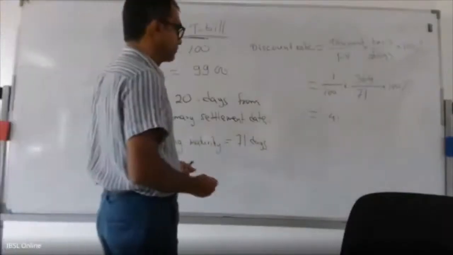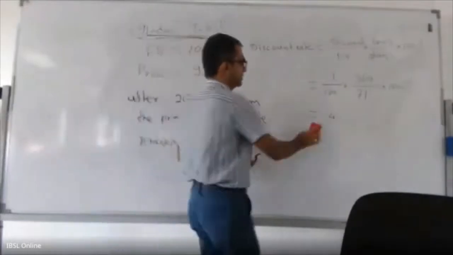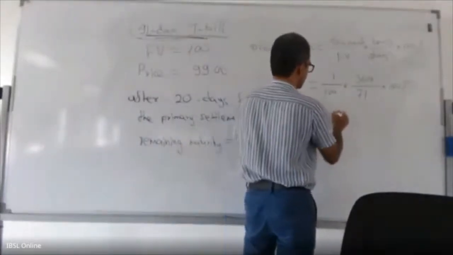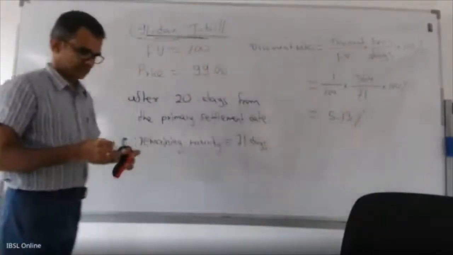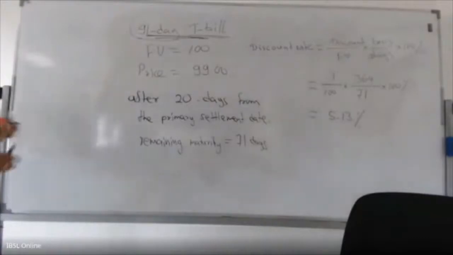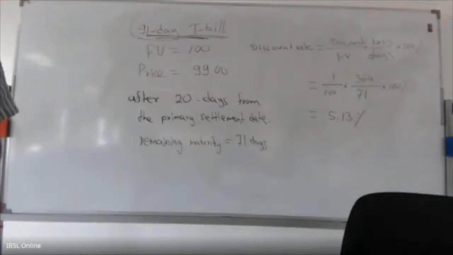So 5.13 we can say, 5.13%. Okay. Is the calculation clear? Yes.